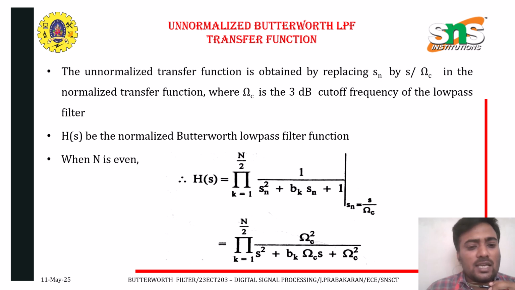Here you can see when N is even, H of S equals the product for k equal to 1 to N by 2 of 1 divided by Sn square plus bk Sn plus 1, where Sn equals S divided by omega c. Normalization is undone by replacing Sn by S divided by omega c.